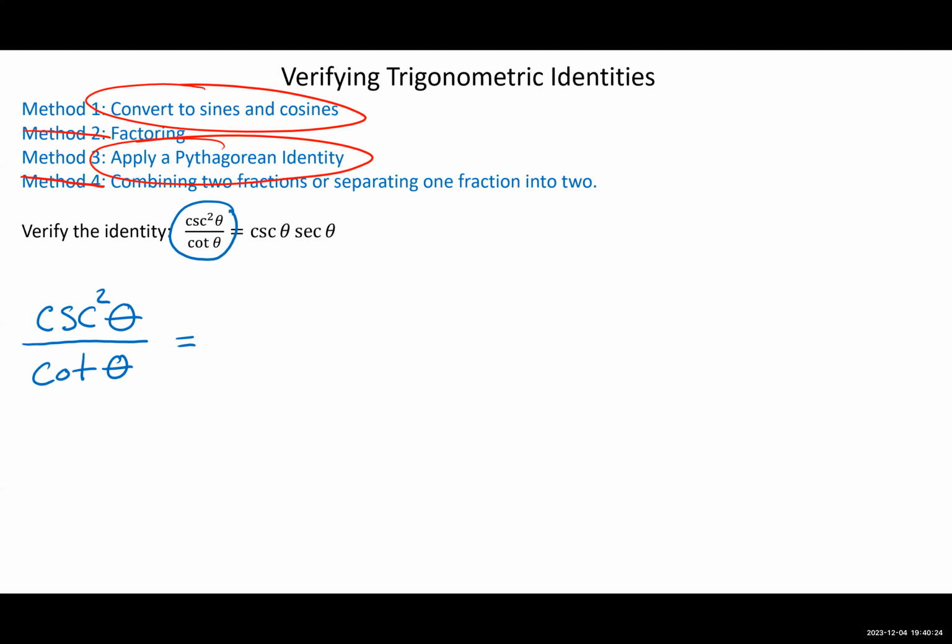Try one of them. If you said start by applying a Pythagorean identity, you're not wrong. It's just not what I did. I don't know which method is going to be more succinct, but we haven't done that much converting to sines and cosines. So I'm going to start off by converting everything to sine and cosine.